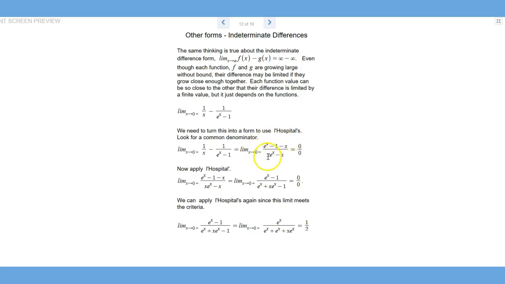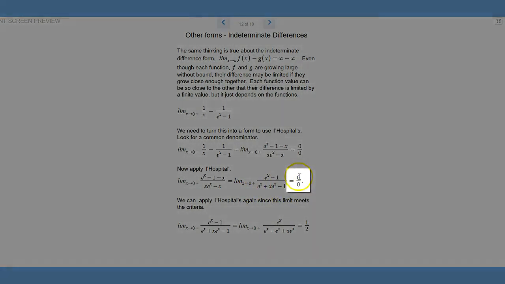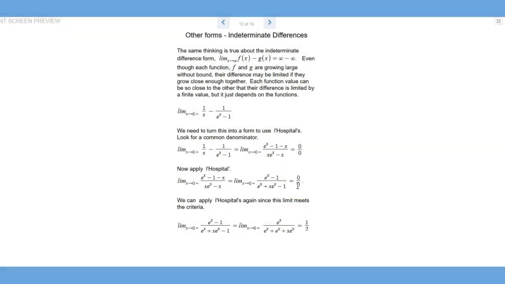If I put 0 in each of those, I would get 0 over 0. So now I'll apply L'Hopital's rule, and I take the derivative of the numerator and the denominator, and I get e to the x minus 1 over e to the x plus x e to the x minus 1. And again, I end up with 0 over 0. So I can apply L'Hopital's one more time.